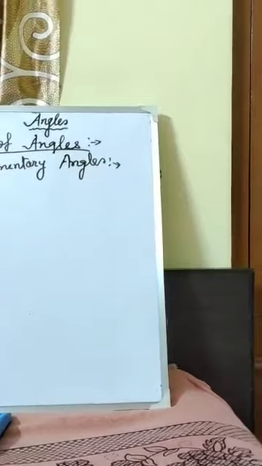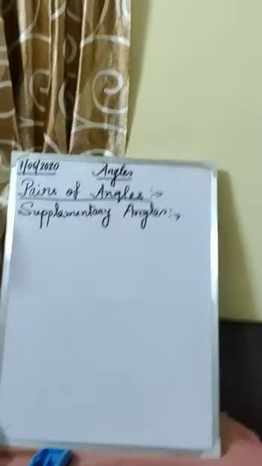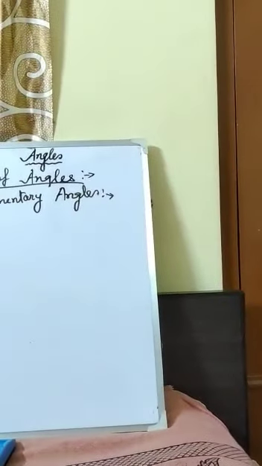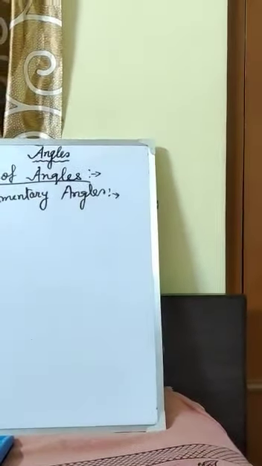Two angles are said to be supplementary angles if their sum is 180 degree, and each of them is called the supplement of each other.